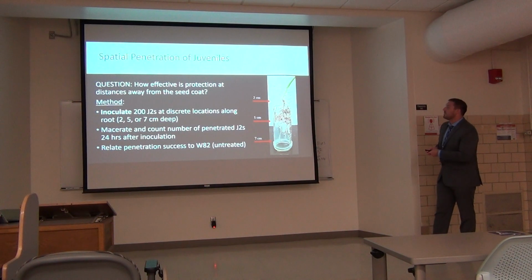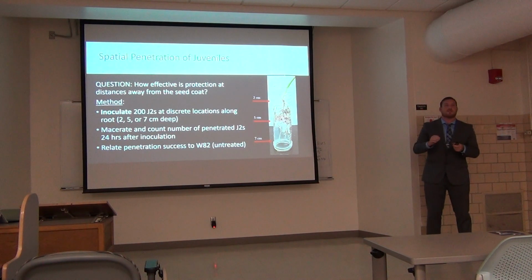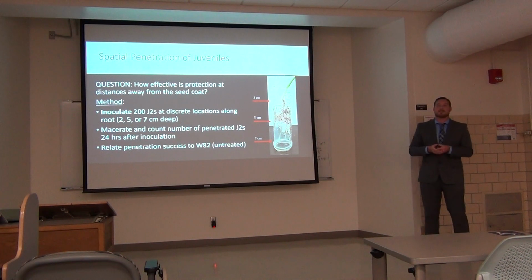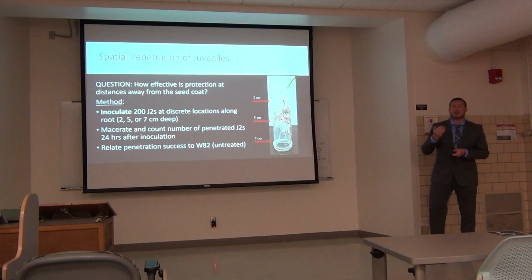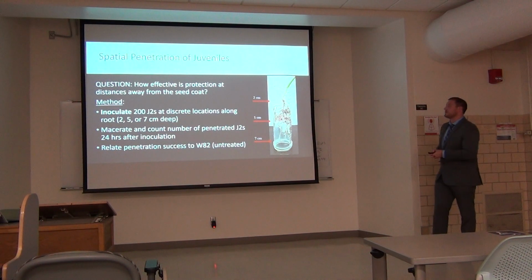I planted seeds, either treated or untreated, in sterile soil within this tube and inoculated juveniles, about 200 of them, at one of those 3 distances. After that, I pulled them out after 24 hours of inoculation, froze it, macerated it, counted the number of nematodes.